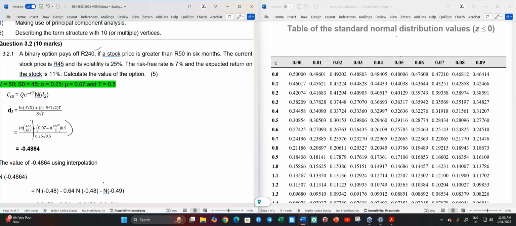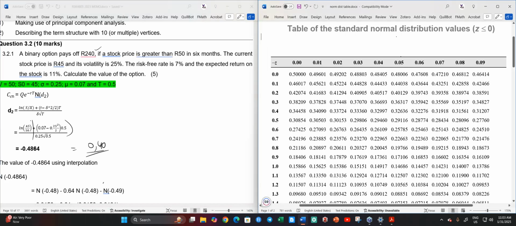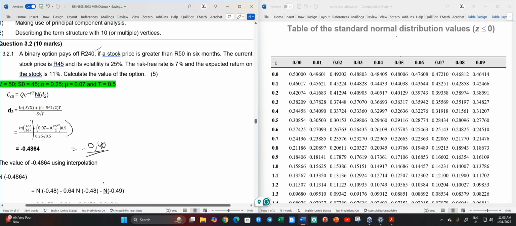Okay, so you see, if our answer here was going to be 0.4, then there was no need to interpolate. We're just going direct to the tables and look for minus 0.4. We go to a table with negatives. So the negative is here on top.